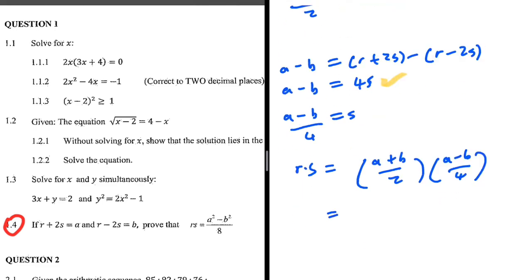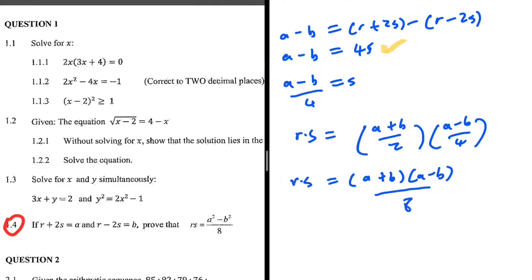It should be easy to see that in the numerator we have a plus b multiplied by a minus b, and in the denominator we have 2 multiplied by 4, which is 8. What we have in the numerator is a difference of two squares, so this is a squared minus b squared over 8.